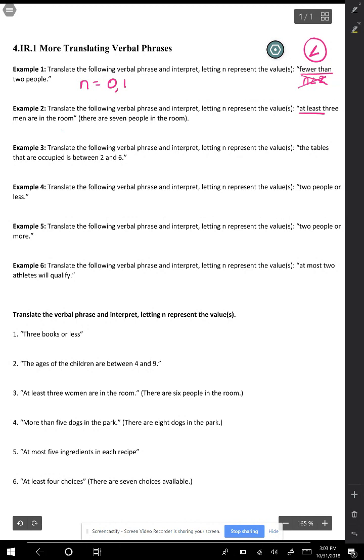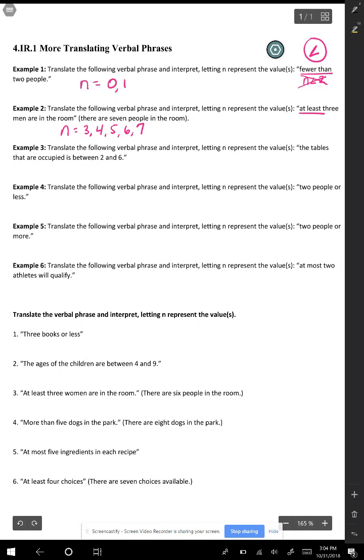So there could be 3 people in the room, or 4 people, or 5, or 6, or 7. We stop when we get to 7 because there's only 7 people in the room, so obviously we cannot go above 7. So at least 3 men would be 3, 4, 5, 6, or 7 men.